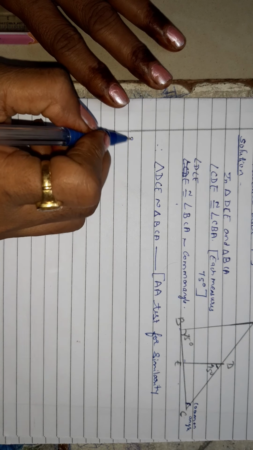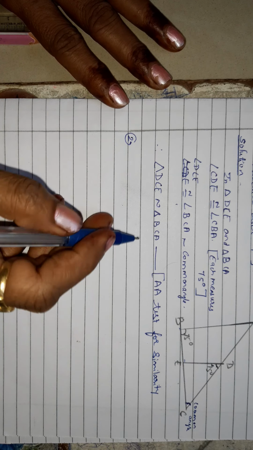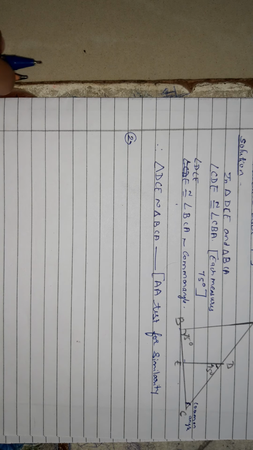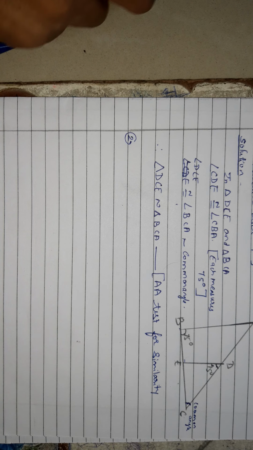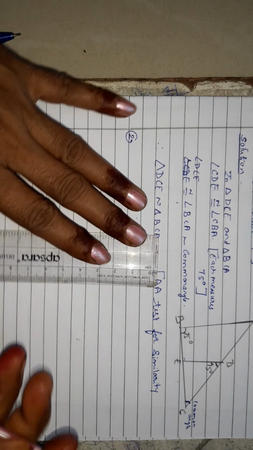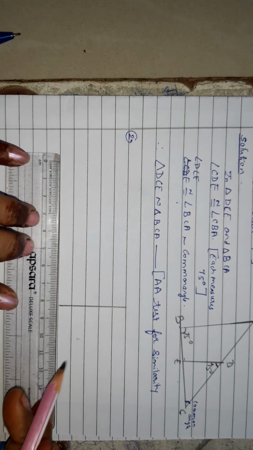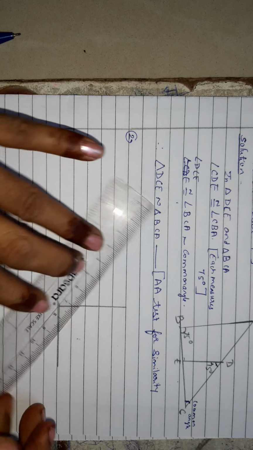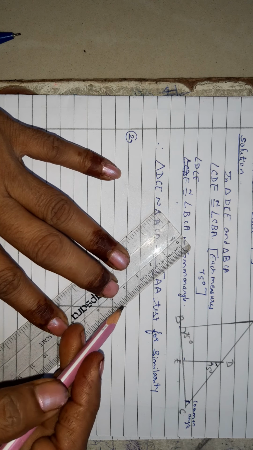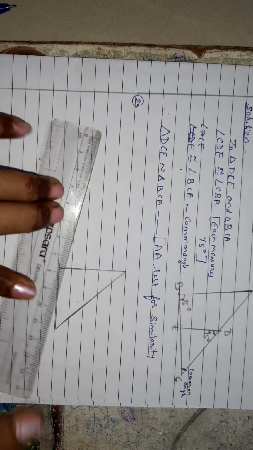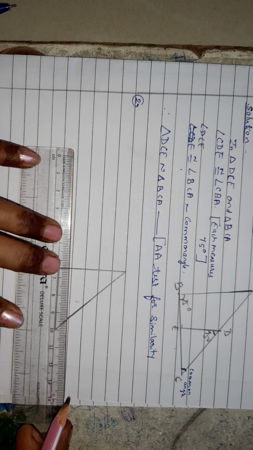Now the second sum is: are the triangles in the following figures similar? If yes, by which test? So the triangles are, this is the first triangle and this is the second triangle.